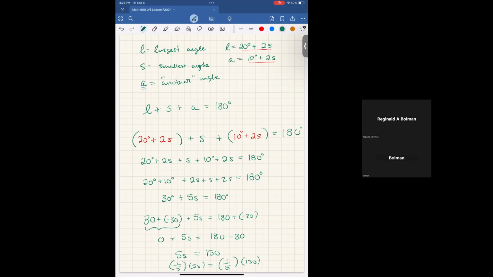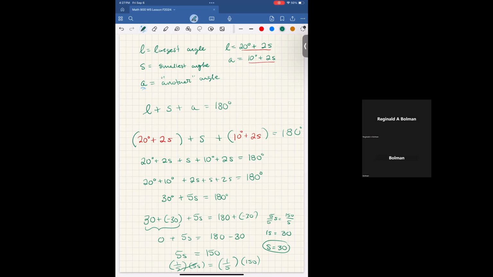Well, 1/5 times 5 just gives you 1. So we'll have 5 over 5s on one side. And then 150 times 1/5 will be 150 over 5. Well, 5 divided by 5 is just 1, so we'll have 1s. And then 150 divided by 5 should be 30. 1 times s is s, and now we know s is equal to 30. So the smallest angle must be equal to 30 degrees.